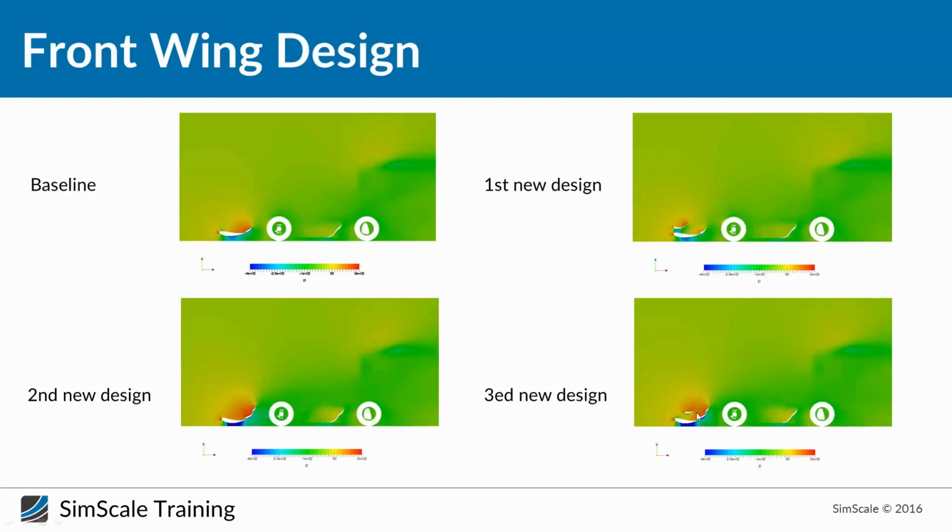Another point, the same comment applies to this element that we put on top of this wing, and actually this reduced the pressure on top of the wing more than creating downforce.